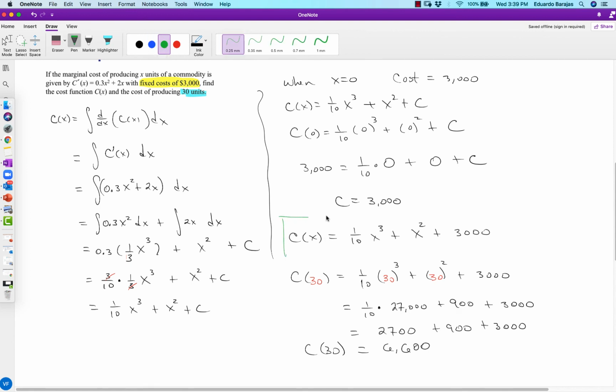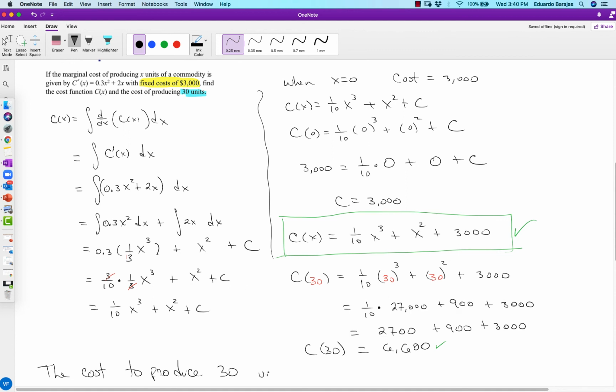It's this one. Here is the cost function, including its constant. And now the second answer is this one, and we might want to have a nice little sentence. The cost to produce 30 units is 6,600.